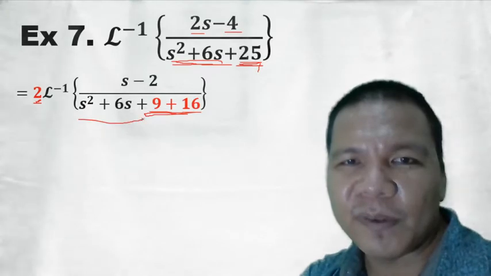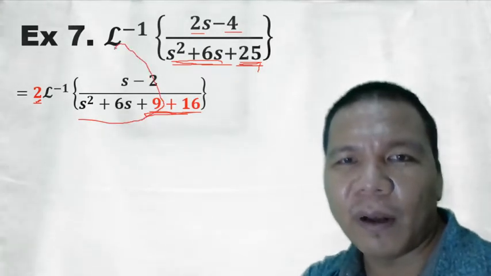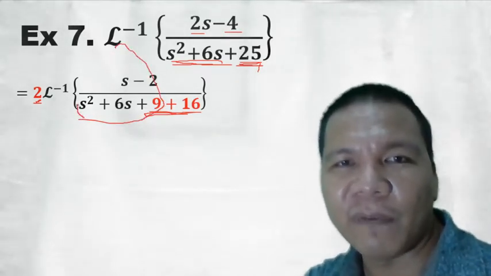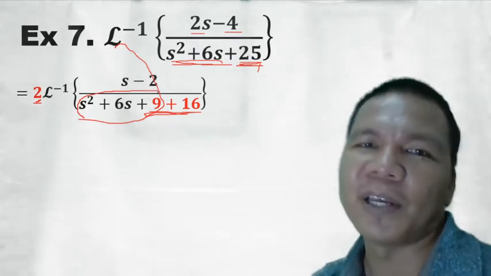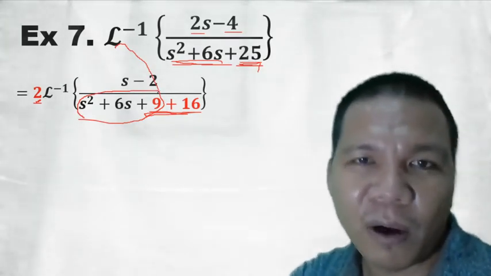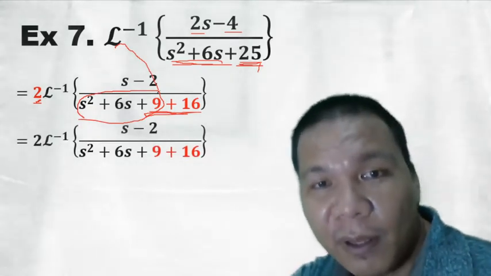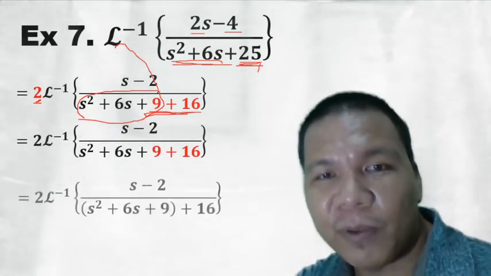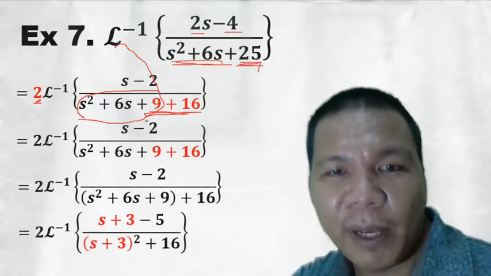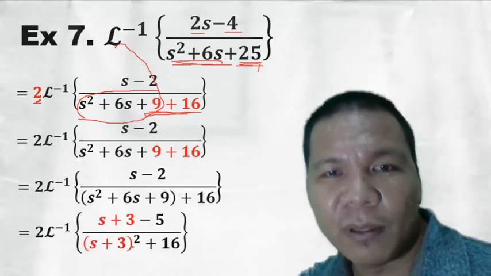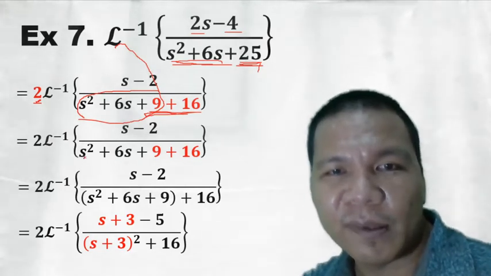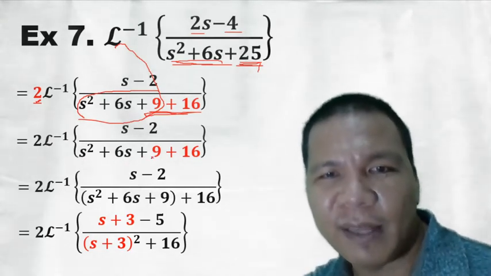This becomes a perfect square trinomial. And how are we going to factor it? We can factor the perfect square trinomial by squaring it. Take note, s plus 3 quantity squared is just the same as s squared plus 6s plus 9.